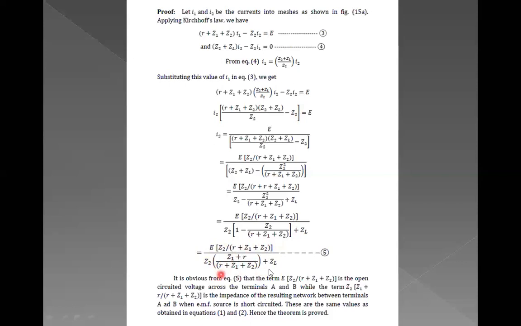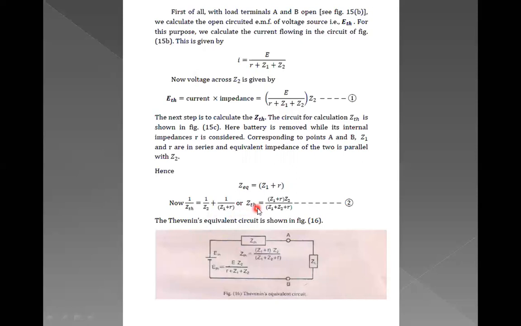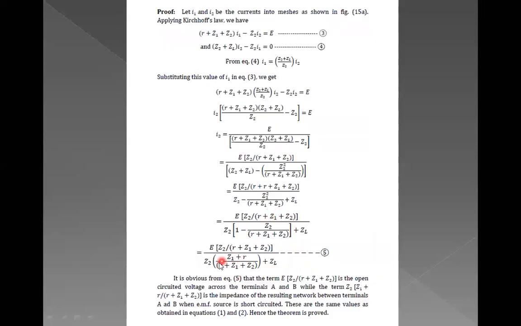Similarly, the denominator of equation 5 is this fraction Z2 into R plus Z1 divided by R plus Z1 plus Z2 plus ZL. So let's go back and see equation number 2. What is ZTH? ZTH is Z2 into R plus Z1 divided by R plus Z1 plus Z2. So the same thing you got here as ETH.